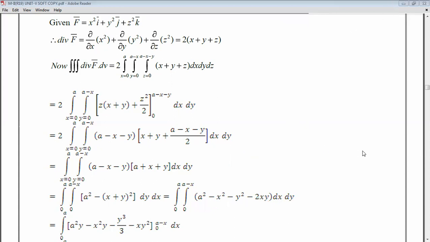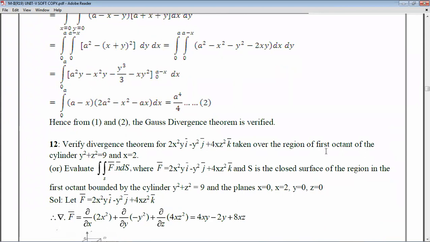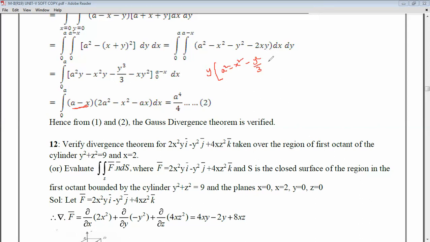If you substitute, we have a square y minus x square y minus y cube by 3 minus x y square, and we can substitute in each and every term. y is common, so we took y as common and substituted a minus x, and the remaining is a square minus x square, minus (a minus x) whole cube by 3, and x into (a minus x) whole square by 2. So if you take y as common, we get a square minus x square, next minus y square by 3, and minus x into y.